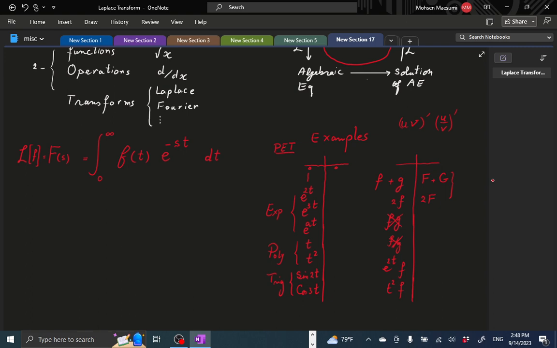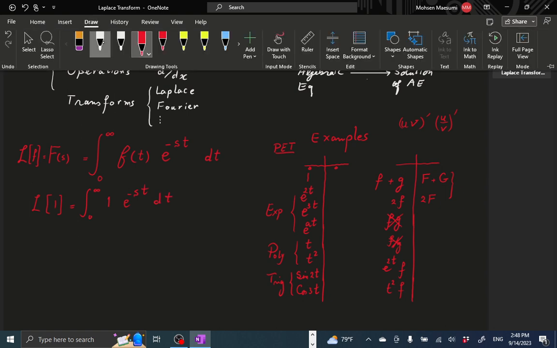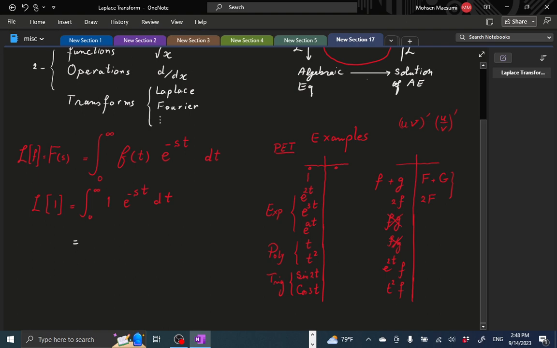What's the Laplace transform of 1? What does that mean? It means our function is a constant function. It's just 1. We are multiplying by exponential of minus st dt. What is this integral?